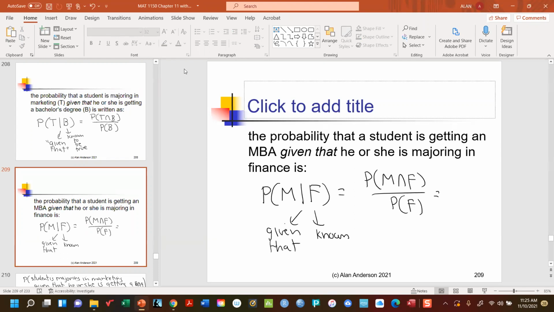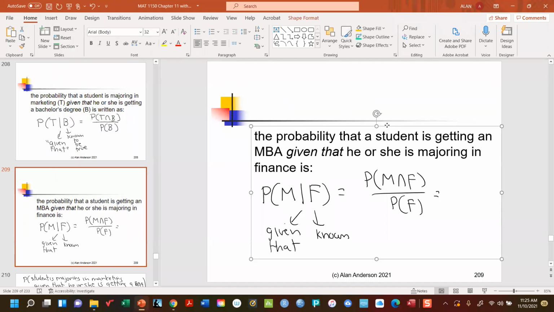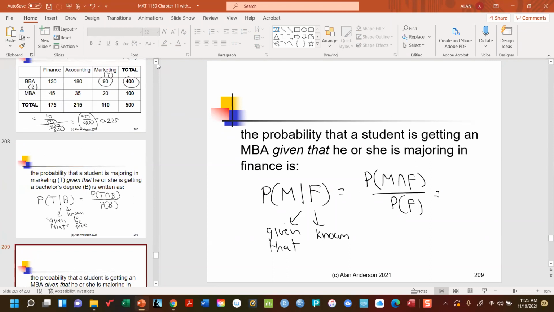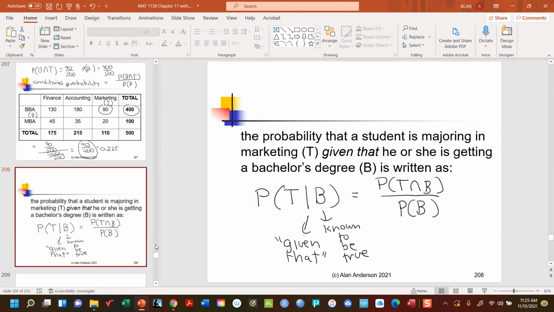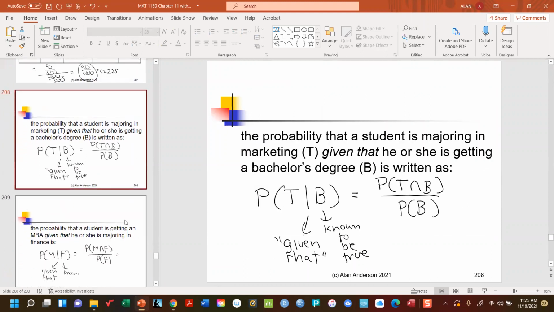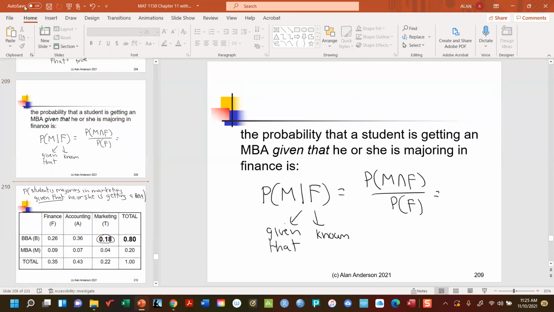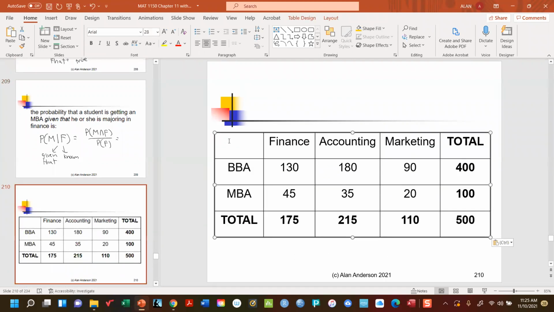Okay, so now all we have to do is go back to the table and look them up. Let me just copy this, it'll be cleaner that way. Remember, we're looking for the probability.